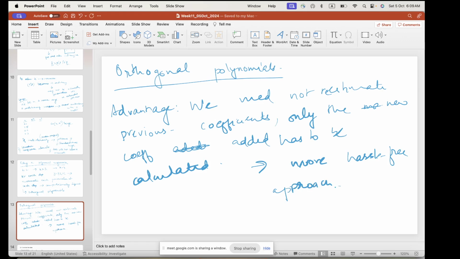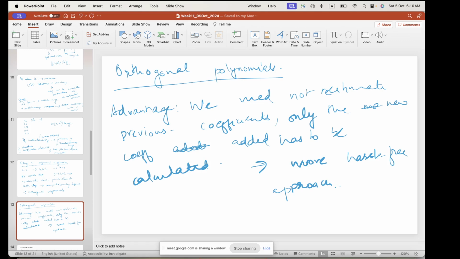Okay, because during any sort of modeling, chances are that we'll go back and forth quite a lot of times. We fit one model and then that will not suffice, then we move on to a higher order and so on and so forth. Now if every time we have to re-estimate our parameters, then that is not something we would like to do.